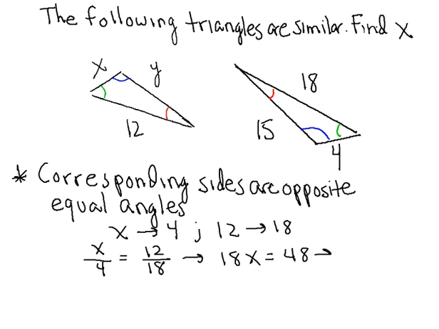And then dividing each side by 18, we get x is equal to 48 over 18. And if we reduce that, we'll see that x is equal to then 8 over 3. Or if we wish, we could write that then as 2 2/3.